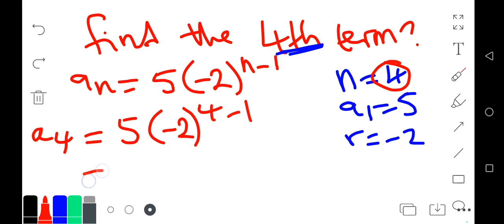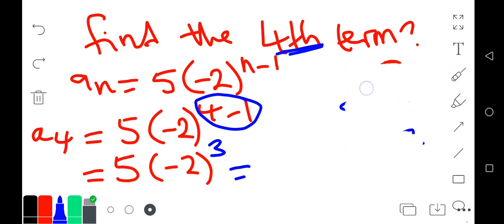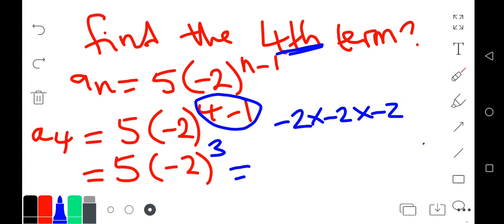Simplifying this, it's 5 times negative 2 raised to the power 4 minus 1, which is just 3. So negative 2 raised to the power 3 means multiply negative 2 three times: negative 2 multiplied by negative 2 multiplied by negative 2.